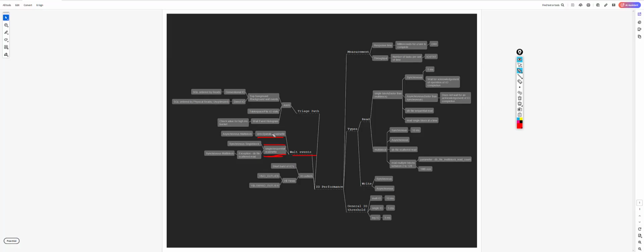Single sequential read write, direct parallel read write. So I will give you an example. Sequential, DB file sequential read. So here sequential and read, and DB file scattered read.